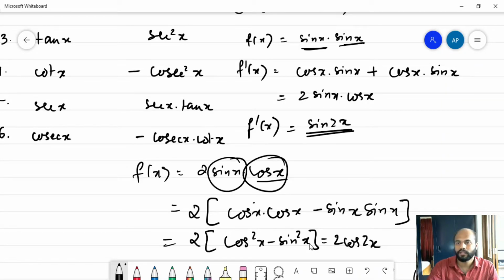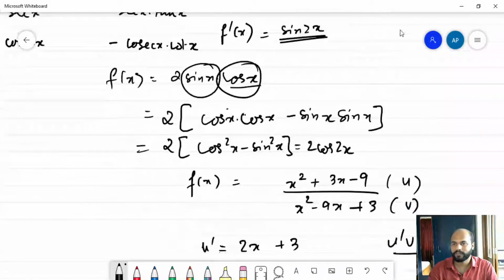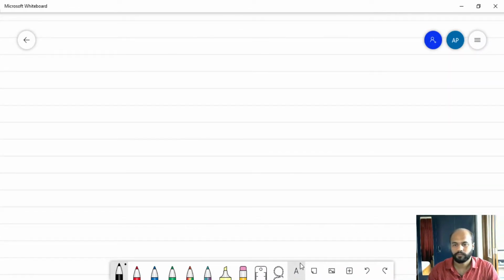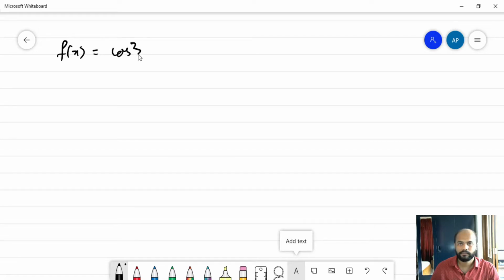Let's take the third problem also, which is cos square x minus sin square x. The function now is cos square x minus sin square x. This is the expansion of cos 2x, so we can write it as cos 2x also.